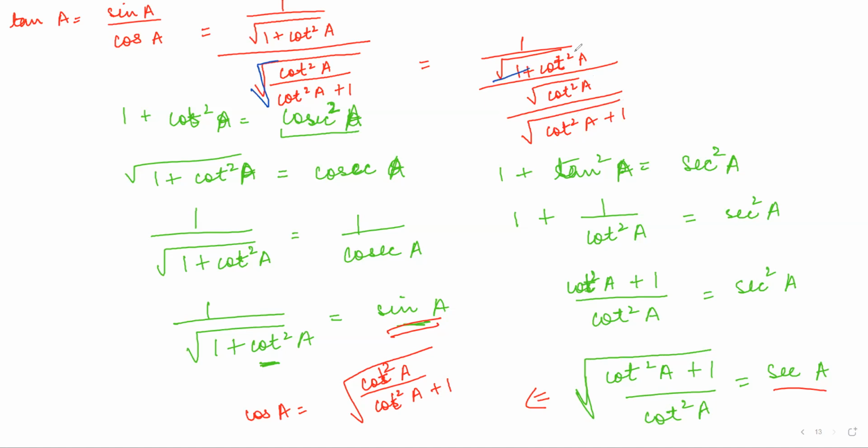Now you can see this denominator is the same as this denominator, so it will cancel out: 1 plus cot square A and 1 plus cot square A. I'm simply left with 1 upon under root of cot square A. Now you have a square and an under root, so this will go away. It will be 1 upon cot A only. And what is the inverse of cot A? Oh, wait.